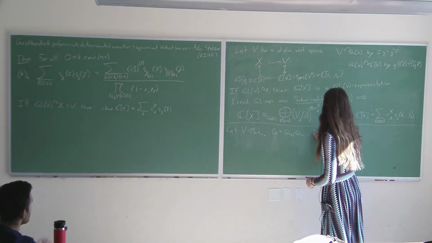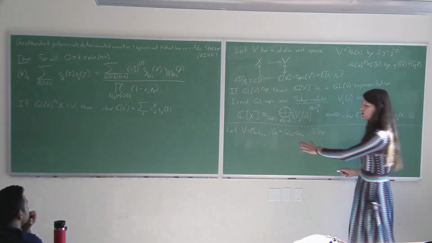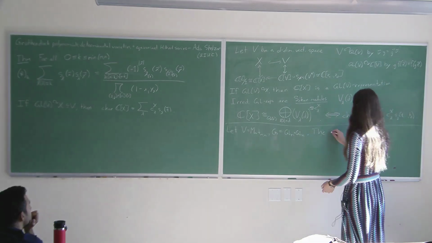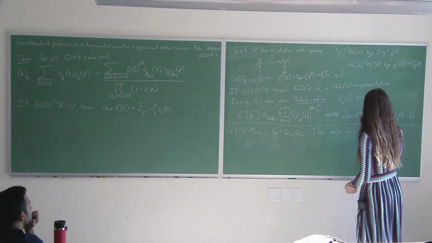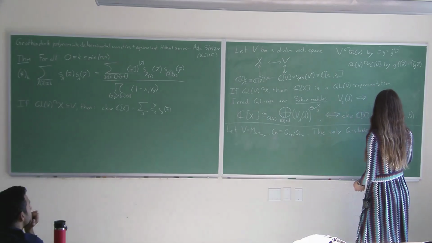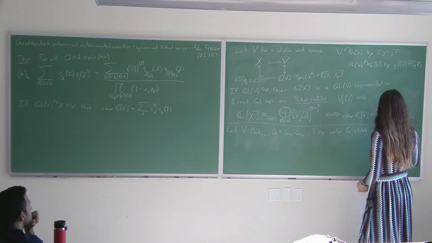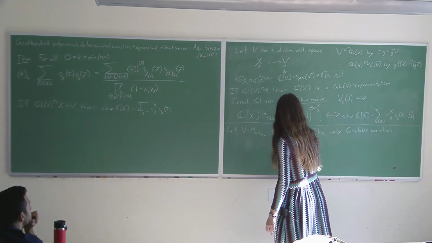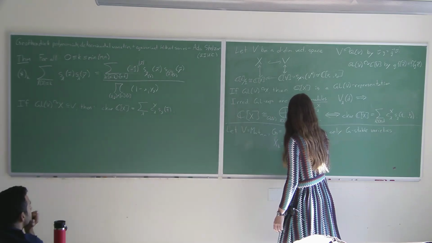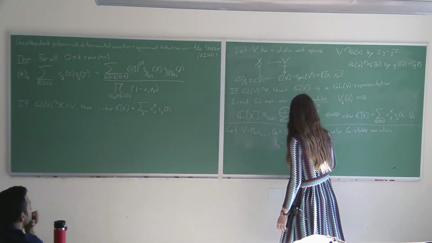Then there's only a few G-stable varieties in the space of matrices. The only G-stable varieties are the so-called classical determinantal varieties, which I'll denote X_k. And that's going to be the matrices of rank at most k.